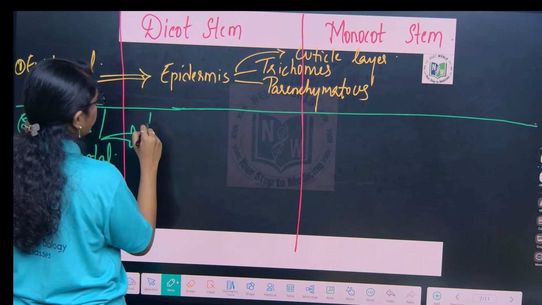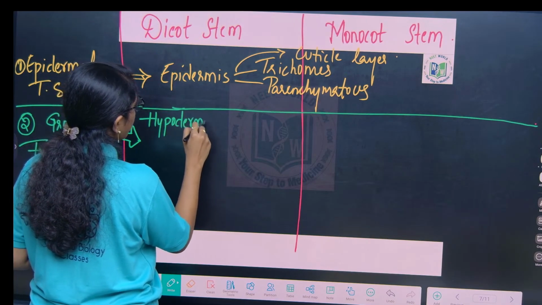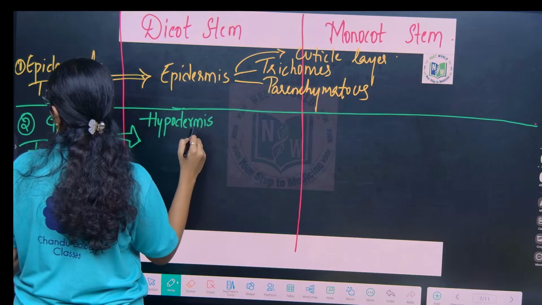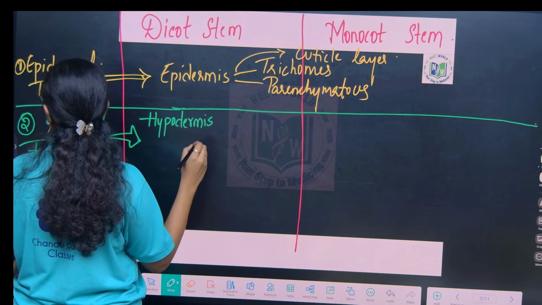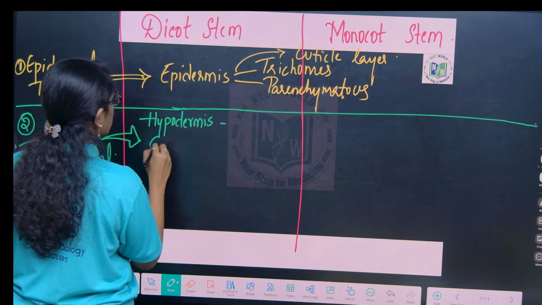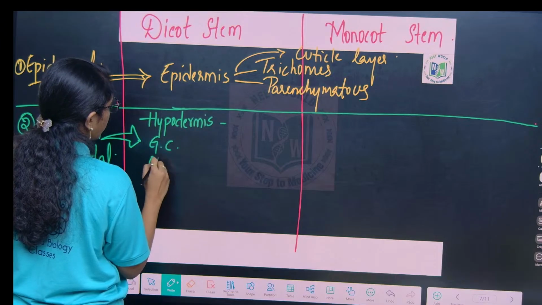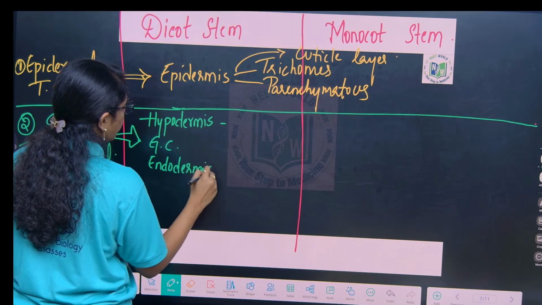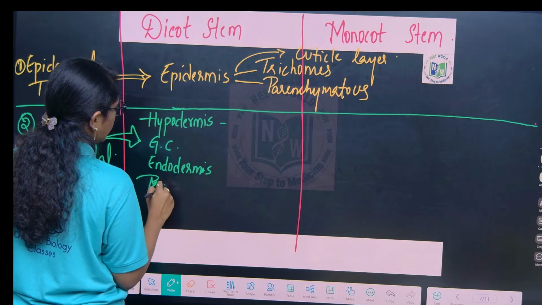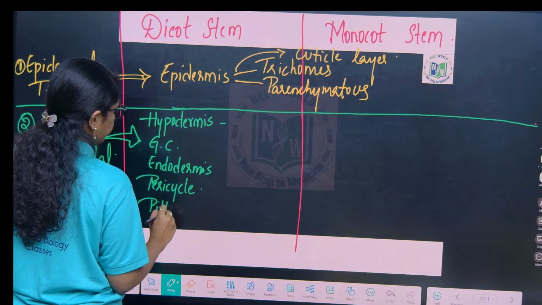Hypodermis, general cortex and endodermis, pericycle, pith.